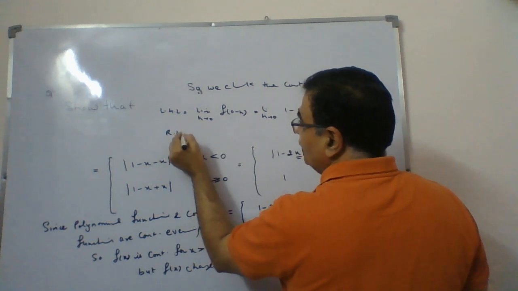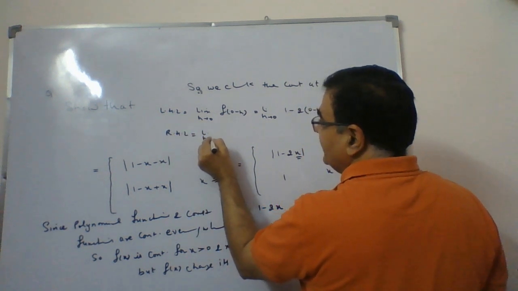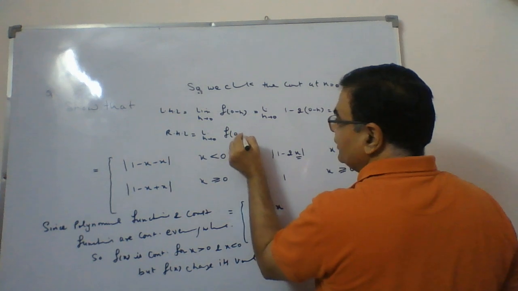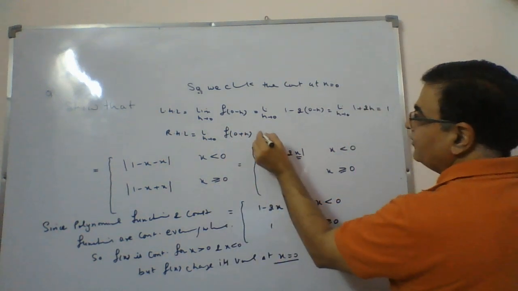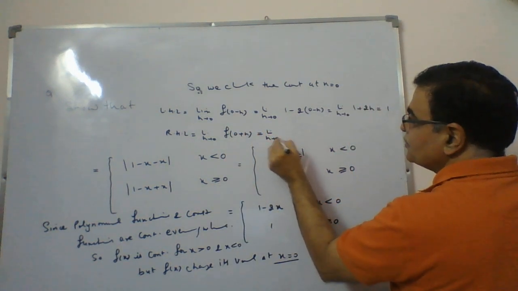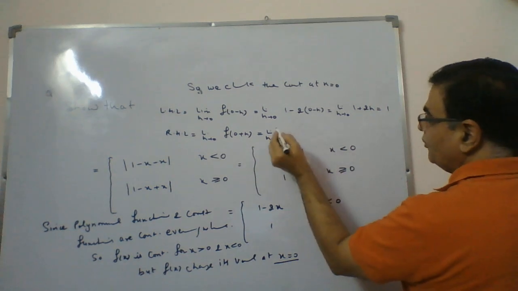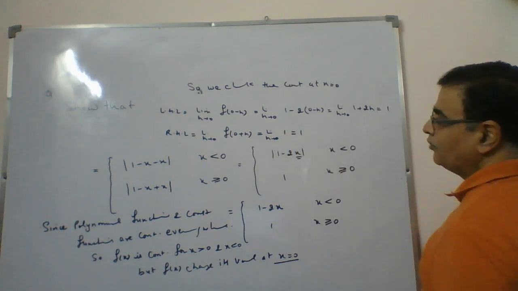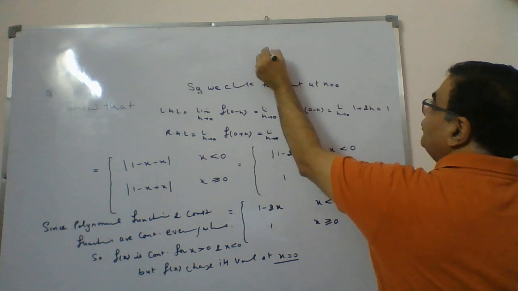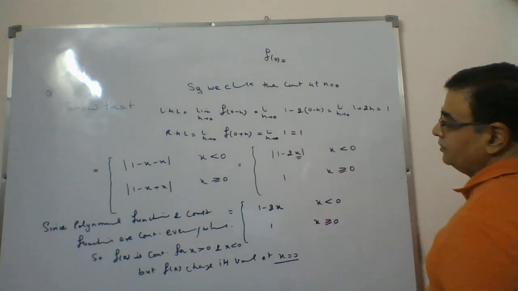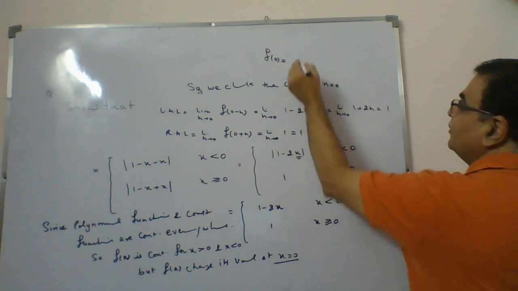Same way, for the right hand limit, limit h approaches 0 of f(0 + h), it will be only 1, so it is coming 1. And same way when I take f(0), it is again 1.